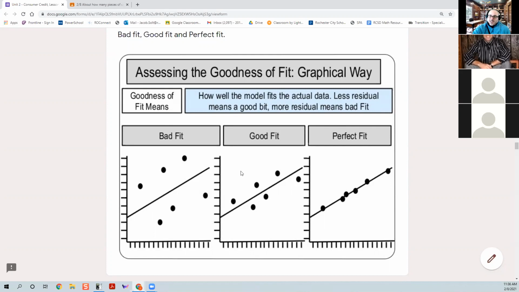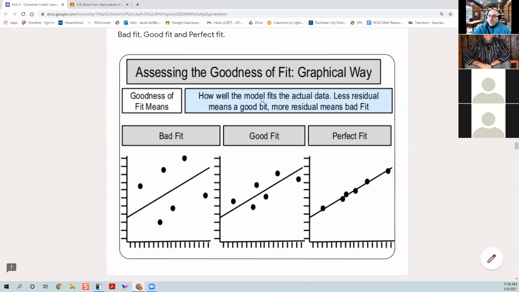This linear function is not the best fit for this scatter plot. Whereas if the dots were a little closer together, lined up a little nicer, we would talk about this as a regression with good fit. And if every single one of those dots is right on our line, we could talk about perfect or near perfect fit.